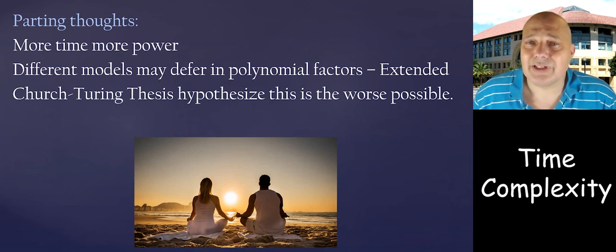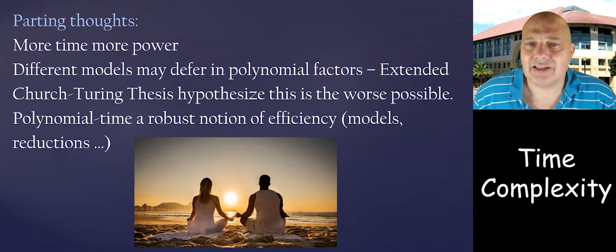Different models may differ in polynomial factors, and the extended Church-Turing thesis hypothesized that this is the worst possible, and polynomial time is a robust notion of efficiency. It's robust to different models, definitely to things like how many tapes does your Turing machine have. And what we'll see soon is that it is also robust to reductions.